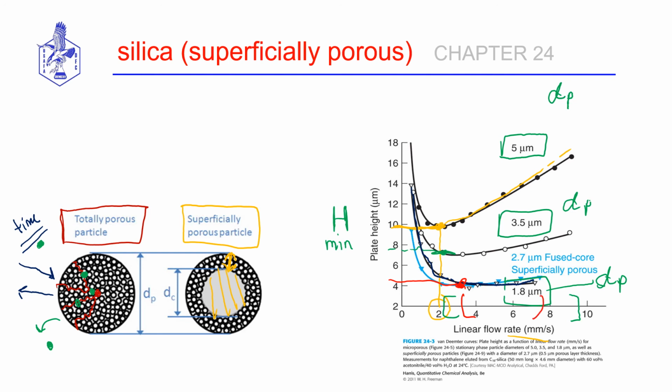So that's advantageous. Now the disadvantage of tiny particles, remember, is the pressure that we need to push the mobile phase. We may not have an instrument that allows us to do ultra high pressure HPLC. So the superficially porous particles that has a more limited pore structure kind of gives us the best of both worlds.